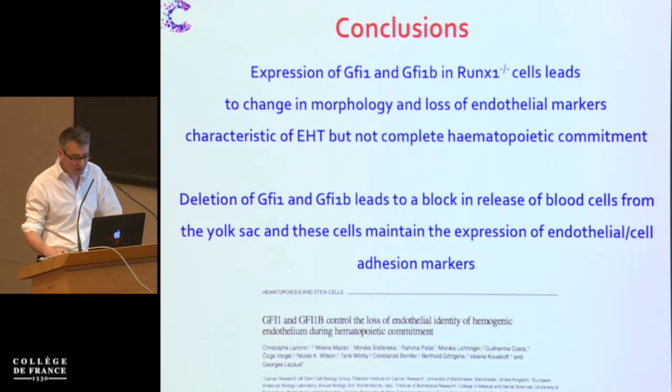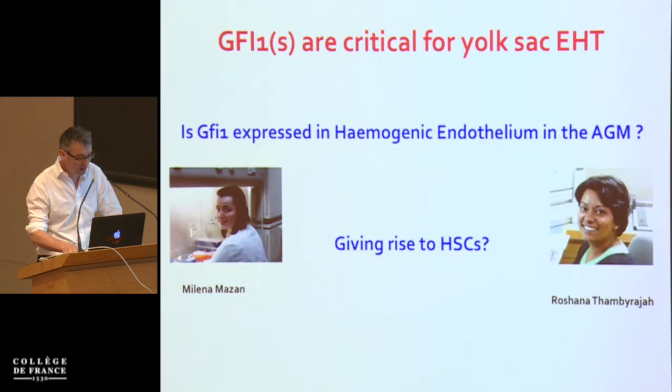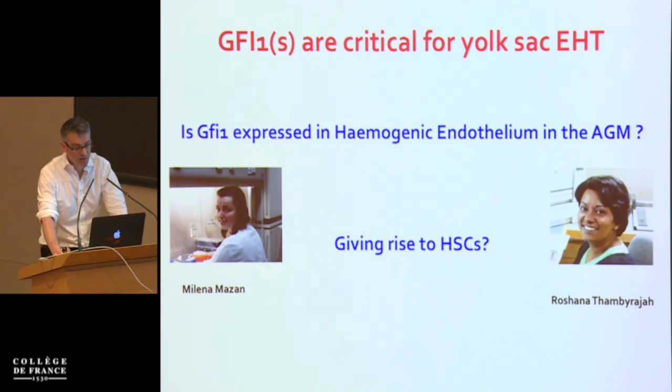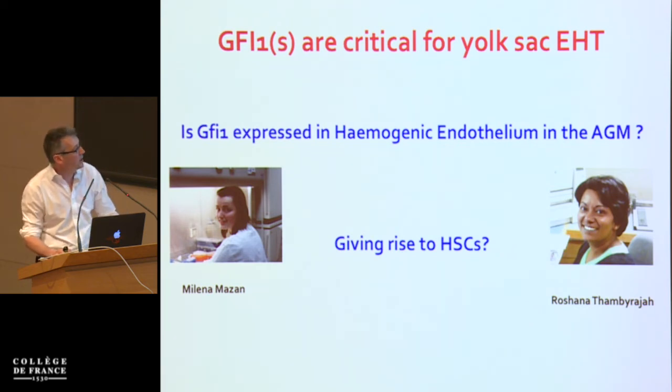But they are blood cells, committed to blood cell fate. So this was mostly done with the yolk sac or with the ES cells. Because we have this EHT happening in the yolk sac and the EHT happening in the AGM, we wanted to ask, is it the same thing happening in the embryo during generation of the hematopoietic stem cells?